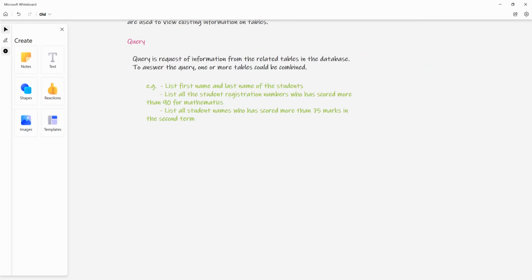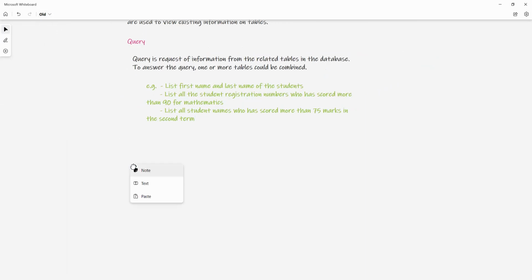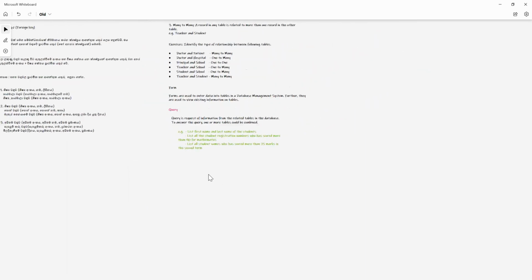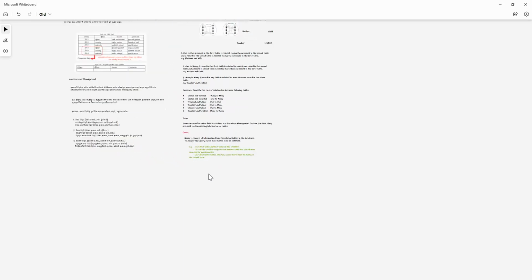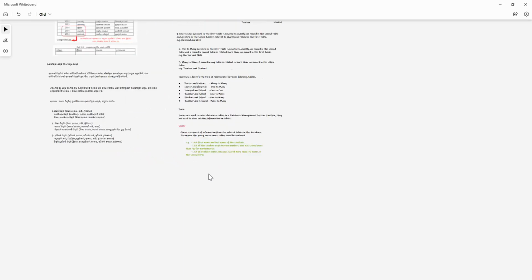Let's say Control A, Control C, and Control V. I don't know why. So it has not copied anywhere.